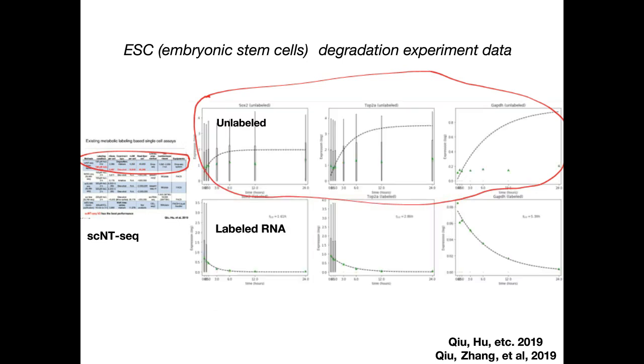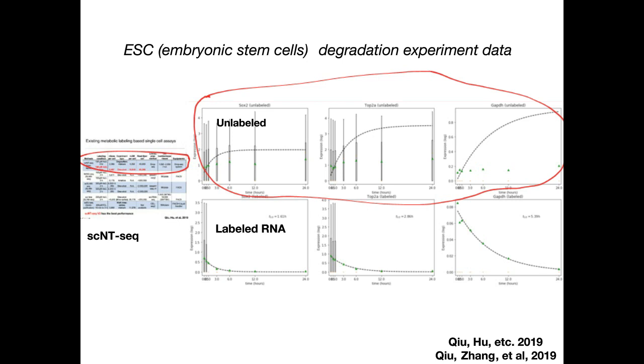For the degradation data, we can look at the fitting for the labeled RNA. In the degradation experiment, because we force the labeling of RNA to saturate and then wash out, the labeled RNA will always decay.